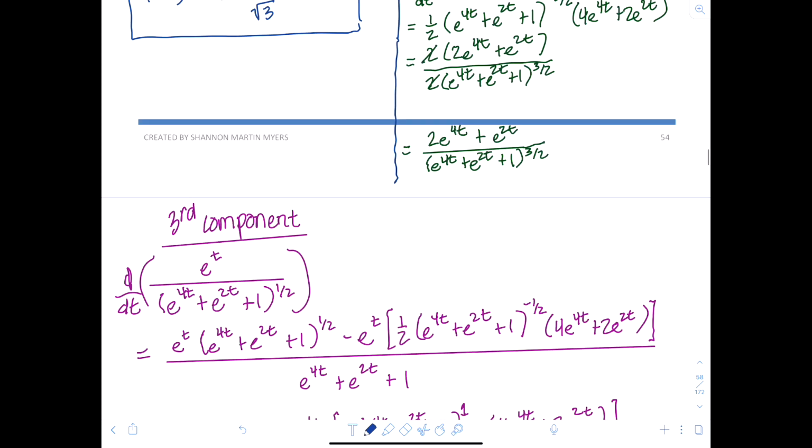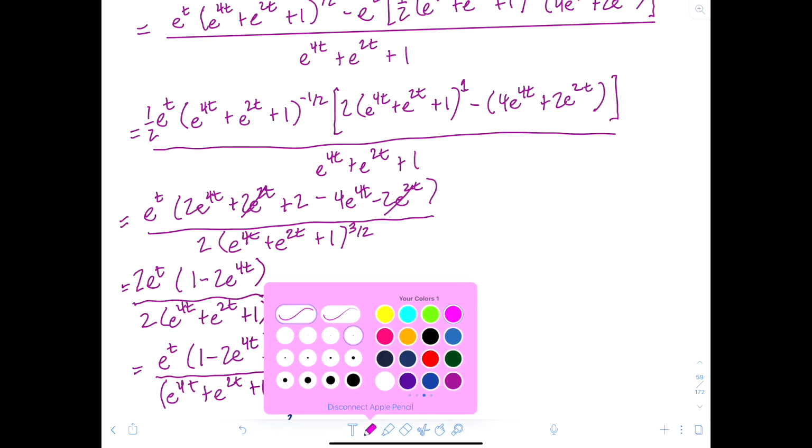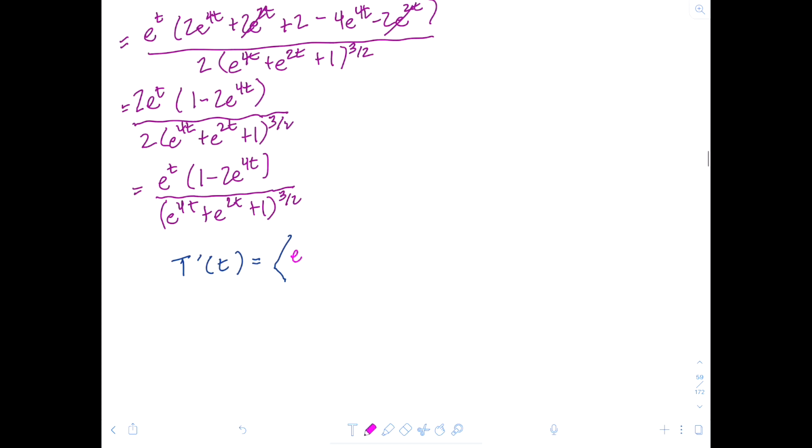So it was e to the 2t times e to the 4t plus 2 over e to the 4t plus e to the 2t plus 1 to the 3 halves. So that was the first component we found.